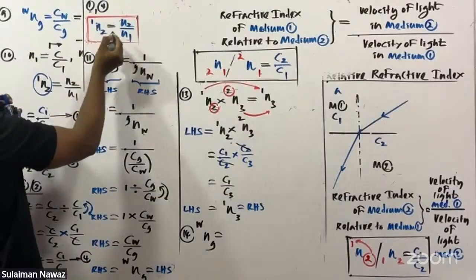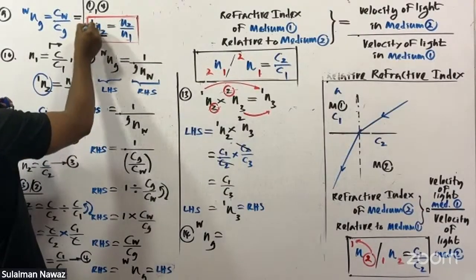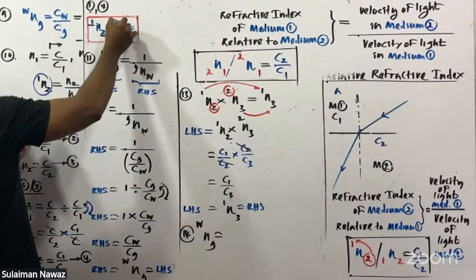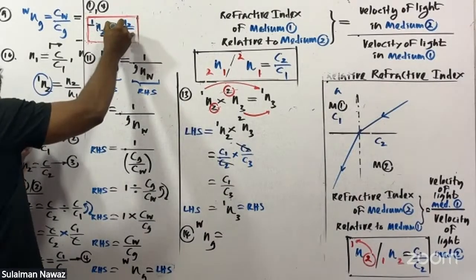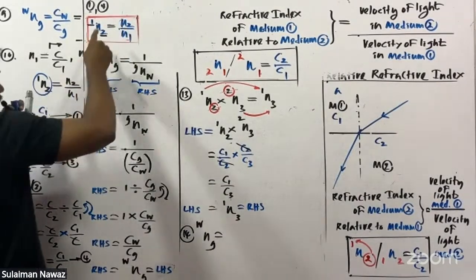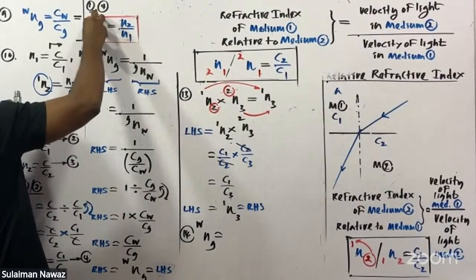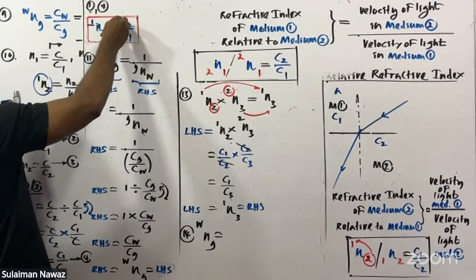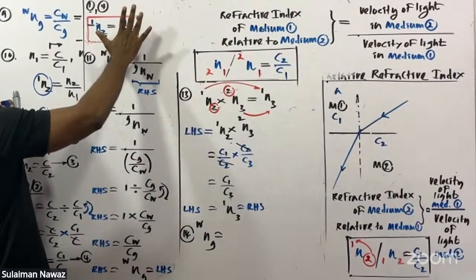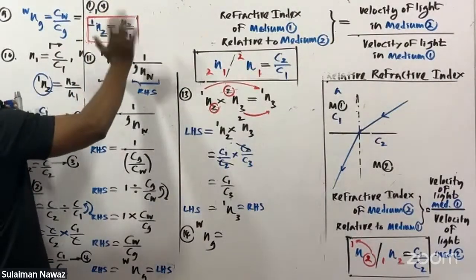The refractive index of medium 2 relative to medium 1 equals the absolute refractive index of medium 2 over the absolute refractive index of medium 1. If you are writing the relative refractive index in terms of absolute refractive indices, 1 to 2 means 2 over 1.